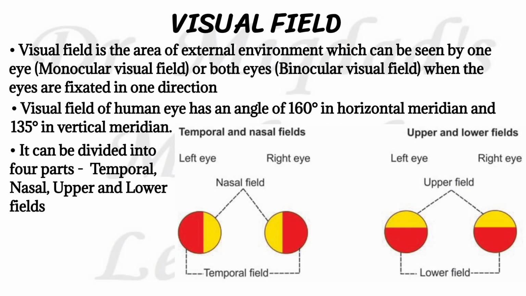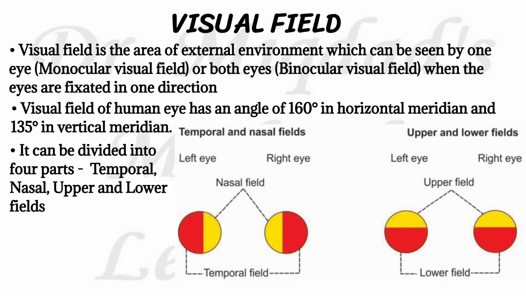These are the outer or temporal field and the inner or nasal field, as seen in the image here. The temporal part of the visual field extends up to about 100 degrees, but the nasal part extends only up to 60 degrees because it is restricted by the nose.